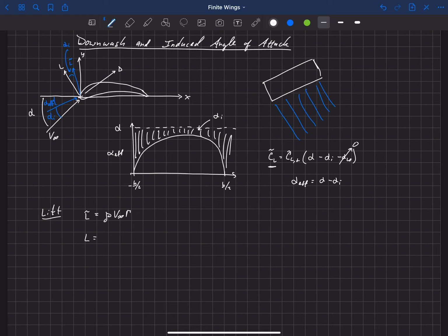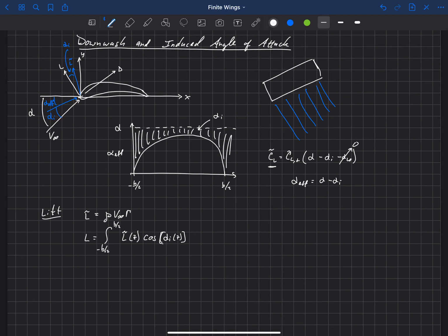the total lift, is equal to the integral from minus b halves to b halves of the local lift, which is L tilde, a function of z. Because the local lift was rotated by alpha I, the lift in this direction that is being generated by each local lift is actually L tilde of z times cosine of the alpha I of z.